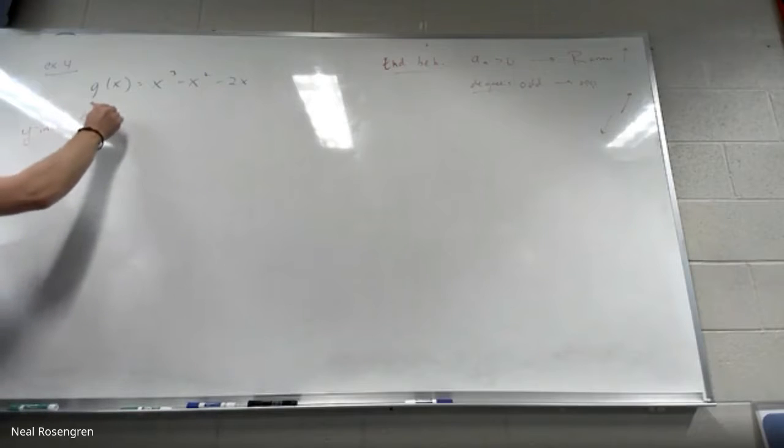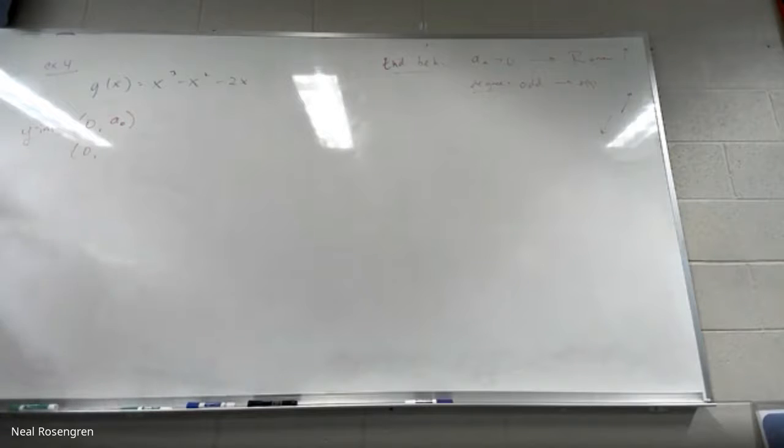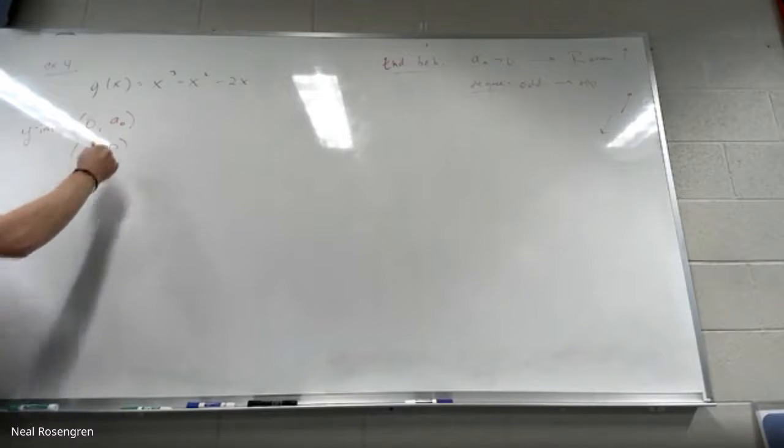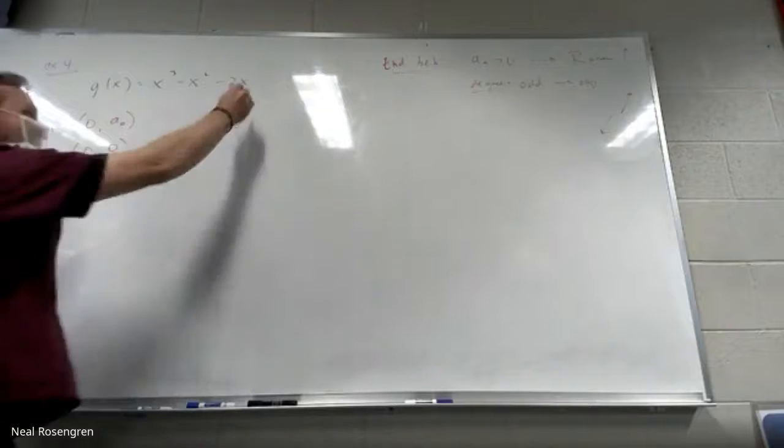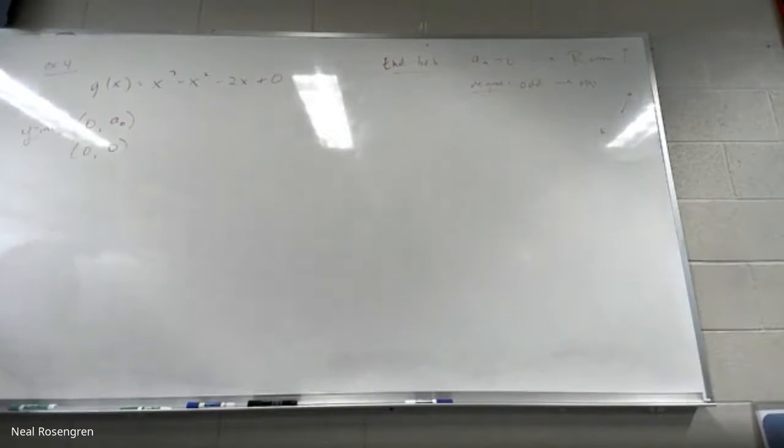So, all right, 0 comma a sub 0, what's the constant at the end of this function that doesn't have an x attached to it? 0. All right, so there's a plus 0 sitting there. Now, if that was a +1 or a -7 or a +12 or whatever it is, then okay, there's our y-intercept. But if you don't have a term that doesn't have an x, you have a +0 sitting there.